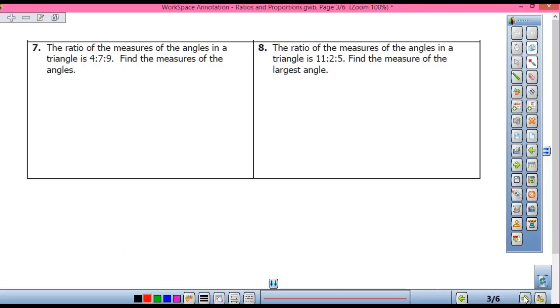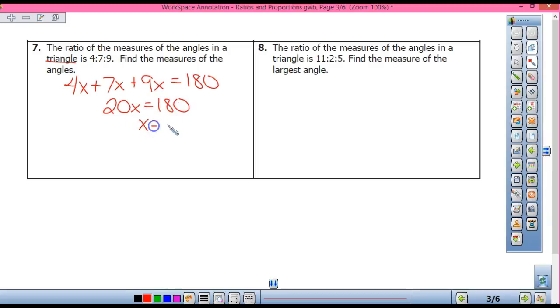All right, so now I have the angles of a triangle. Angles of a triangle add up to what? 180. So how am I going to set this up? 4x plus 7x plus 9x equals 180. So how many x's do I have? 20x equals 180.